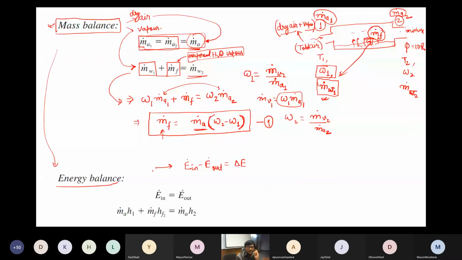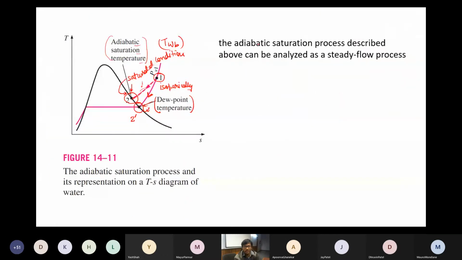Okay, since the beginning, let's talk about the energy balance. From the start, we have written this energy equation many times: E in minus E out is equal to dE. Since I'm writing rate form, I should write dE by dt. One more thing: the adiabatic saturation process described above can be analyzed as a steady flow process.